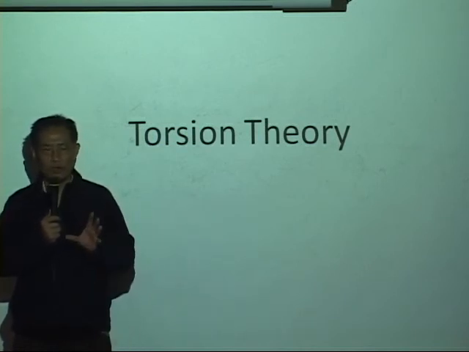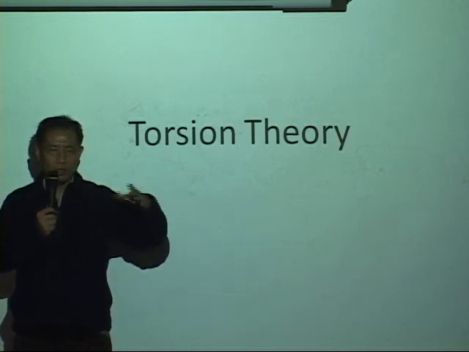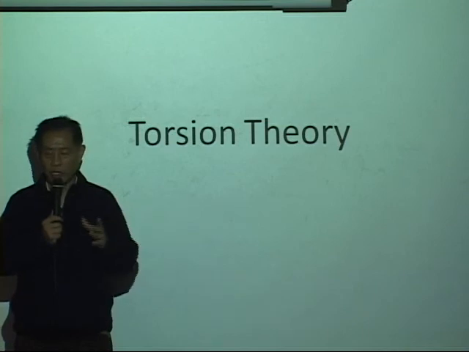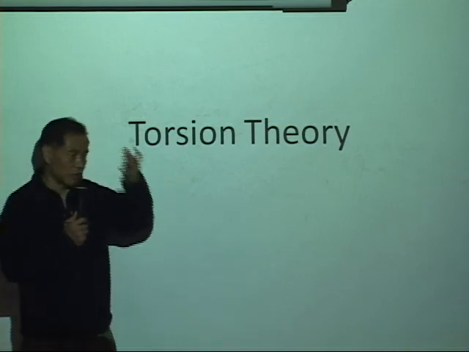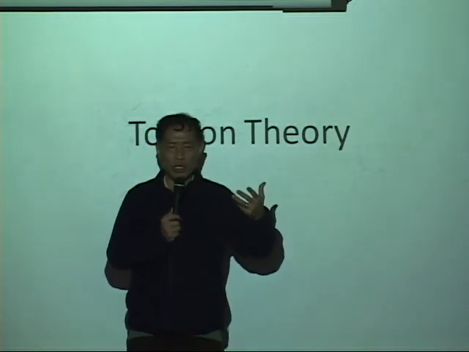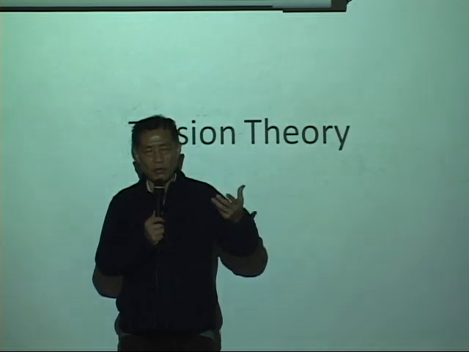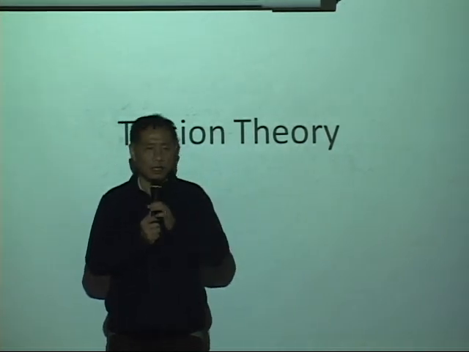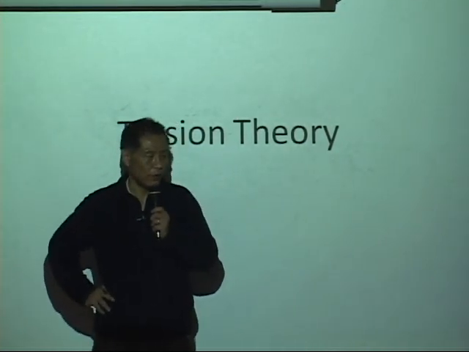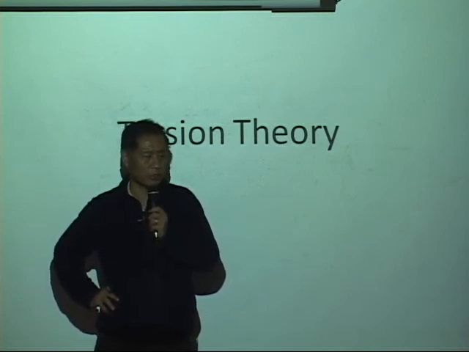We will just focus on circular cross-section shafts, either solid shaft or thin wall shaft. Anyhow, once you understand how to calculate the stress and the deformation in a shaft with a circular cross section, I think that will be quite enough for you to understand torsion theory and apply it to a real structure.